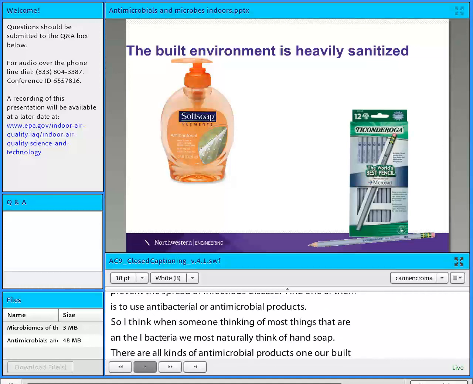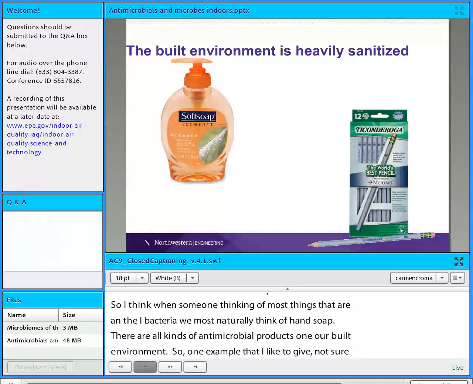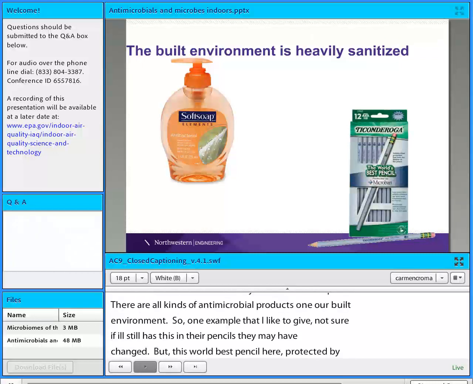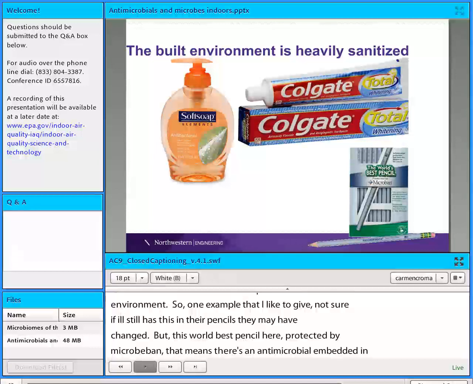So one example that I like to give, I'm not sure if Ticonderoga actually still has this in their pencils. They may have changed. But this world's best pencil here, protected by Microban, what that means is that there's actually an antimicrobial embedded in the paint around the pencil. So we can have antimicrobial objects.